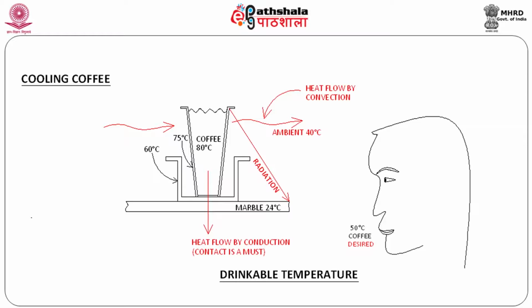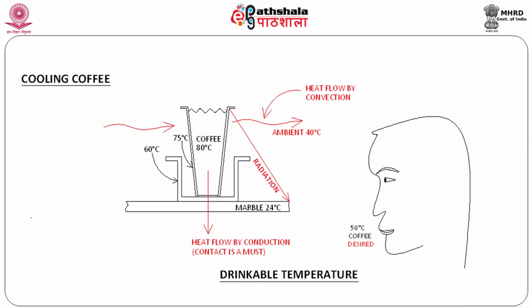The red lines that you see on the slide indicate the path of heat flow. The kitchen served you coffee at 80 degrees centigrade, but your lips will not require anything better than 50 degrees centigrade. So until then, you leave your glass standing, and the glass will lose heat in the forms that you see there. If it loses heat to air, without any molecular movement of the air, it is convection.